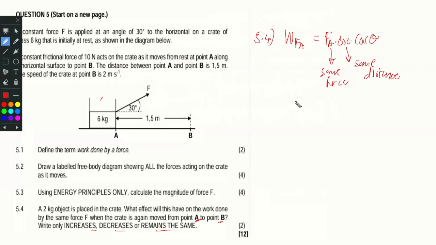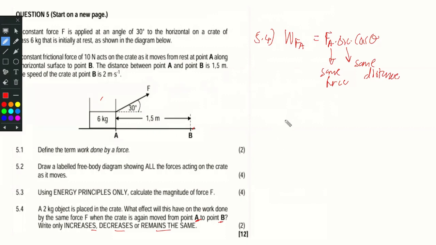I'm still moving it a distance of 1.5 meters, and I'm still applying the same force, right? The only thing that will change is that this time around it will probably take much more time for me to pull it from A to B. But basically it will still be the same work done by that force.